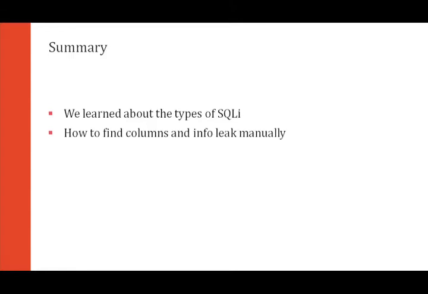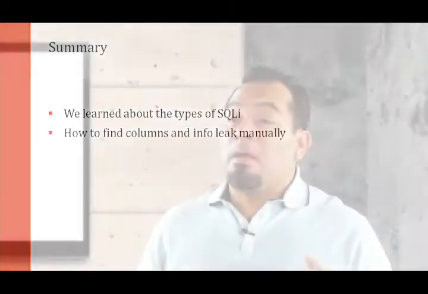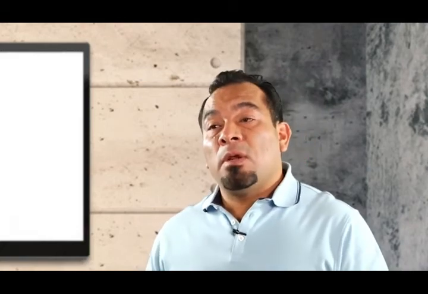Summary, guys. In this specific course, we learned about different types of SQL injection, how you can test them, and what the difference is between them. We found how to find columns, how to find tables, how to leak the information from those, doing it manually or automated by using Boolean-based, time-based, error-based attacks.